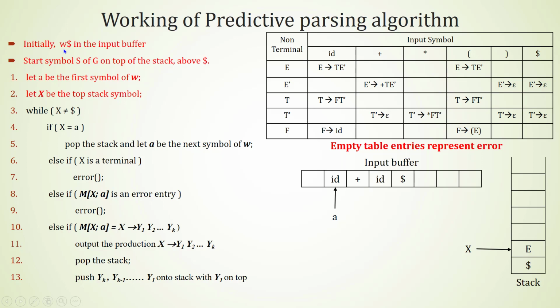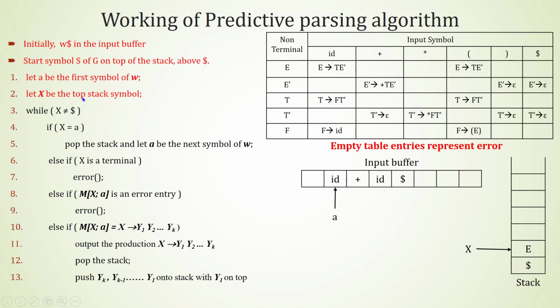So initially w dollar is in the input buffer, and the start symbol S of G is on top of the stack above dollar. Above dollar I placed E. Let a be the first symbol of w. Here w means id plus id, and I have a pointer a which points to the first symbol of w. Here id is the first symbol of w.